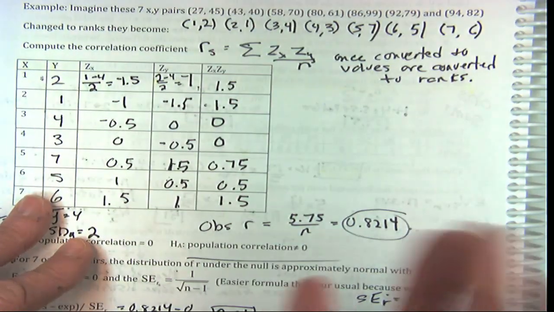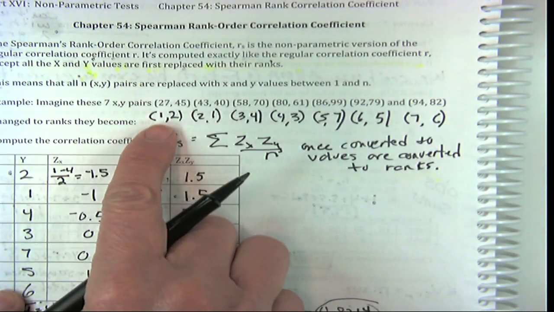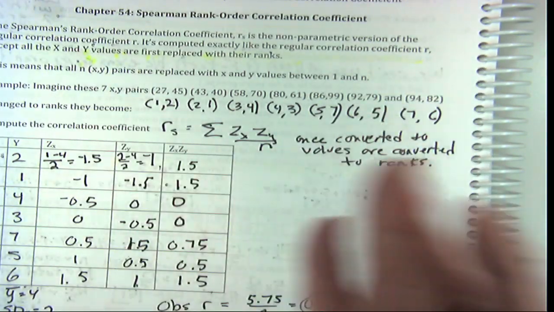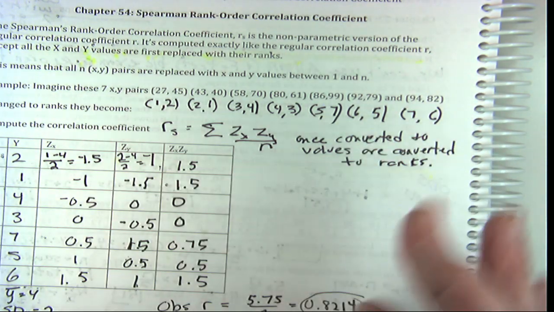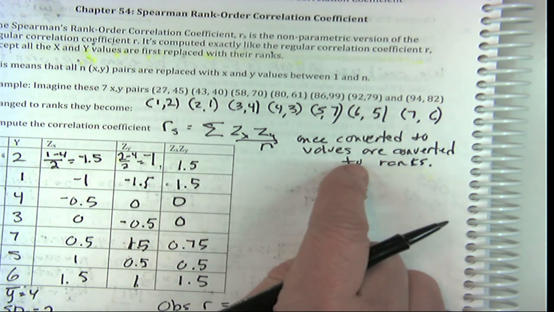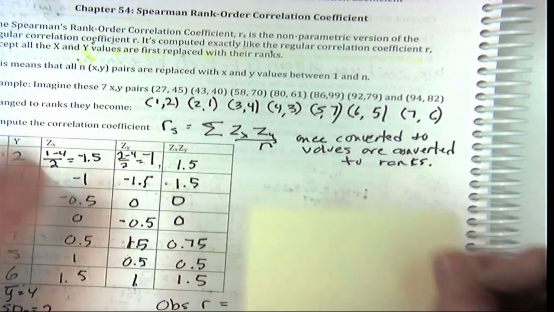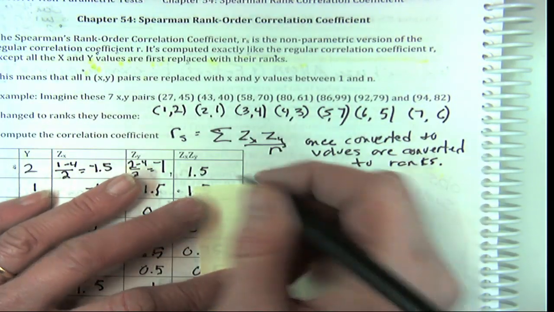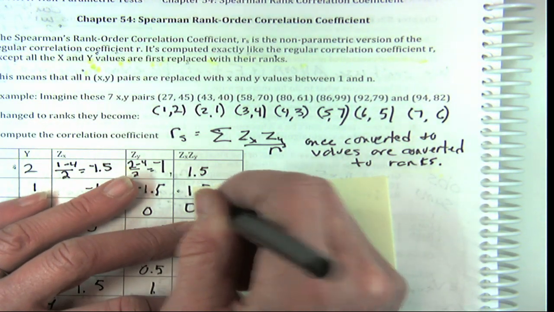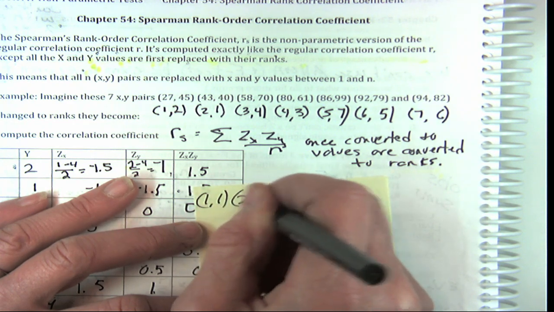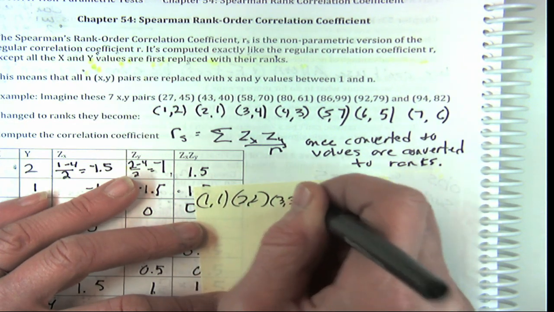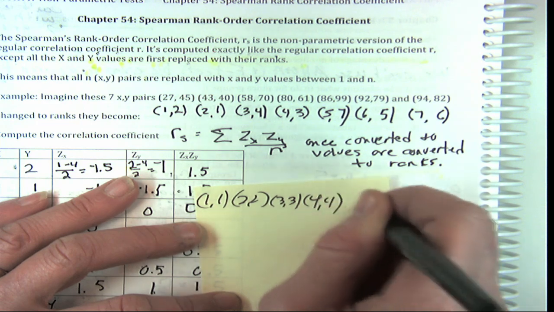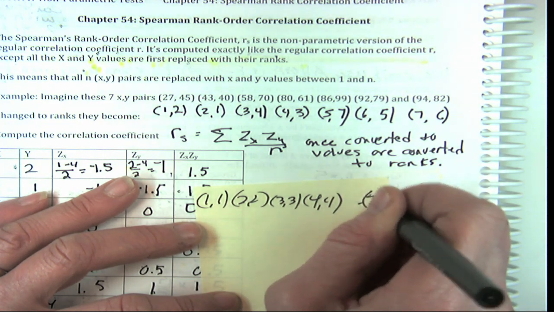For this one, for example, if I wanted to test, let's say we got a correlation coefficient of 1. How would I figure that out exactly? Pretend we did that. Pretend we drew from 7 numbers and I got 1, 1, 2, 2, 3, 3, 4, 4, etc., all the way to 7, 7.